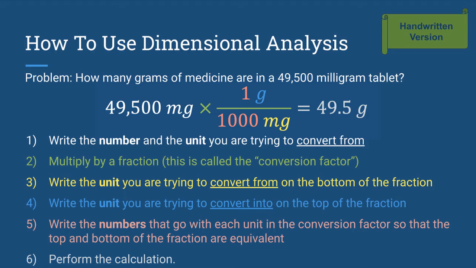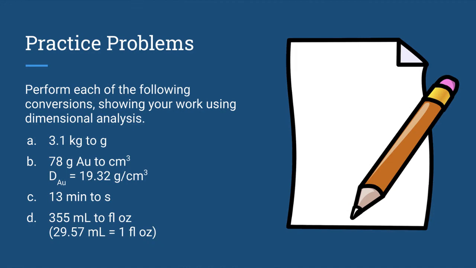That's how we know we did it right. 49.5 grams is equivalent to 49,500 milligrams. Now it's time for you to practice. Pause the video at this point and solve each of these 4 problems using dimensional analysis. Then resume the video and you can see my solutions.